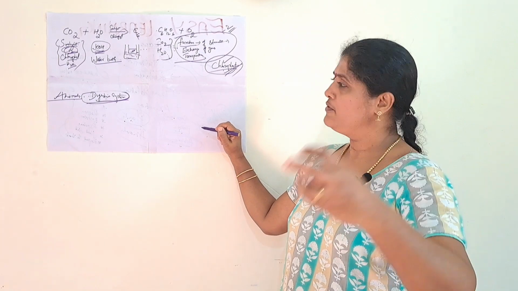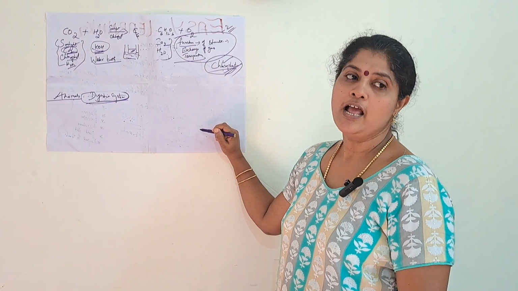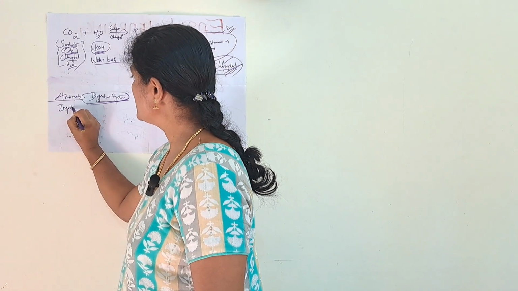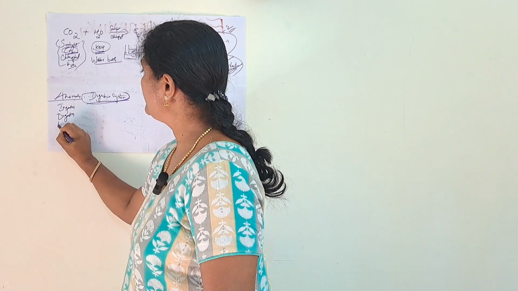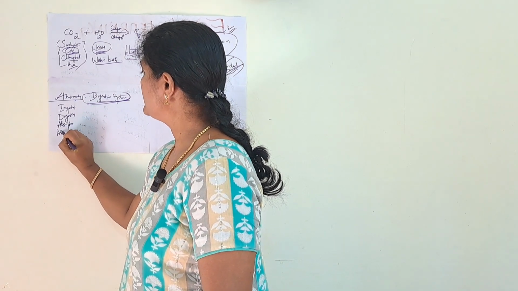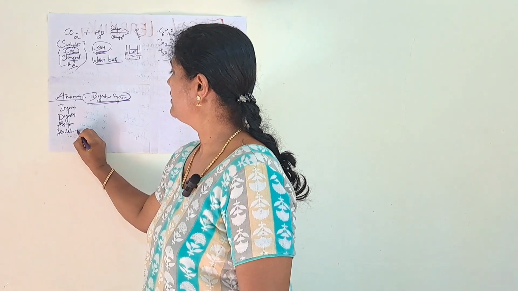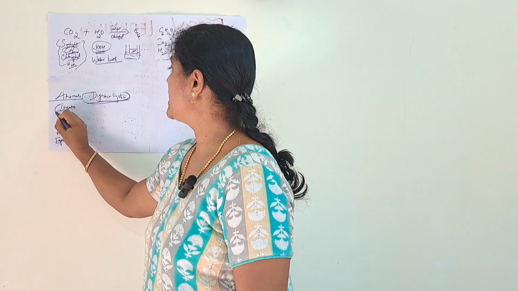So in the digestive system, I have told that already when I told about holozoic nutrition. The first is the ingestion process. Second one is the digestion process. Third one is the absorption. Fourth one is assimilation, and last one is egestion. So these are the steps.